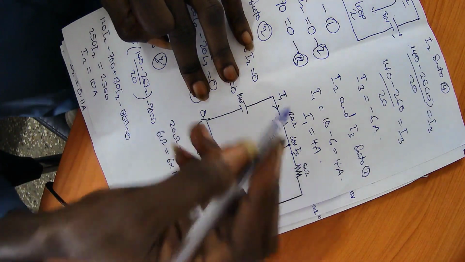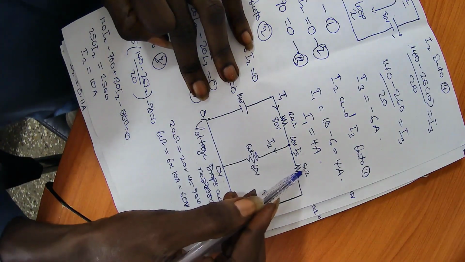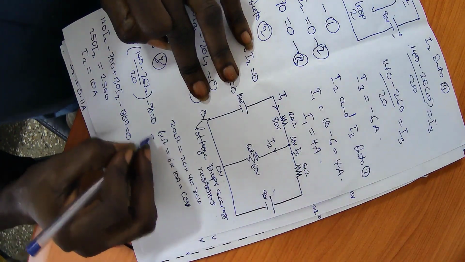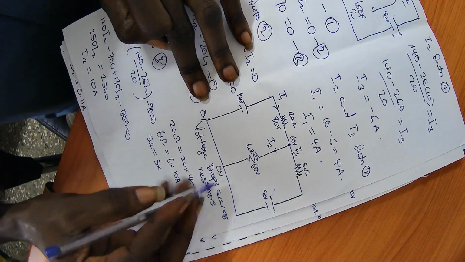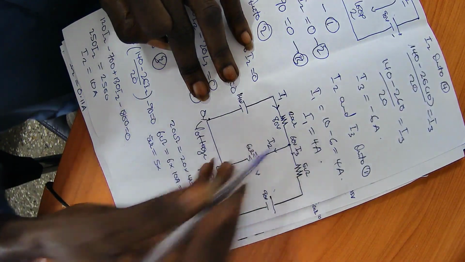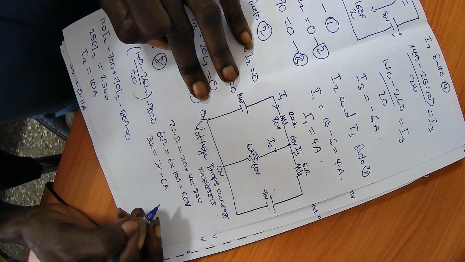Now, because the sum of the voltages in the loop must be 0 volts, and we got 0 volts. And for this 5 ohm resistor, we're going to have 5 times I3, and I3 is minus 6 amps.